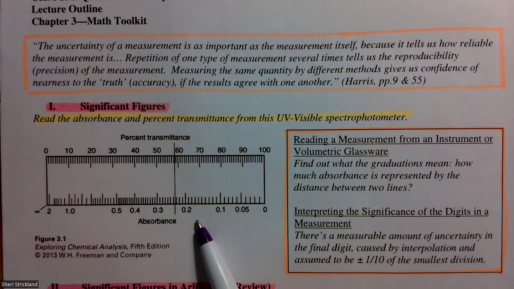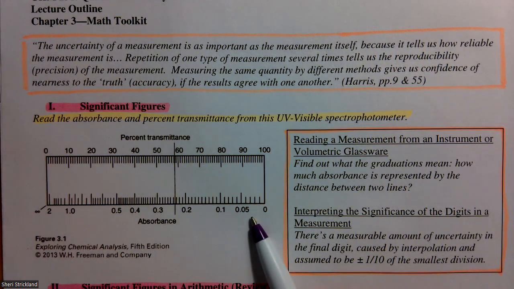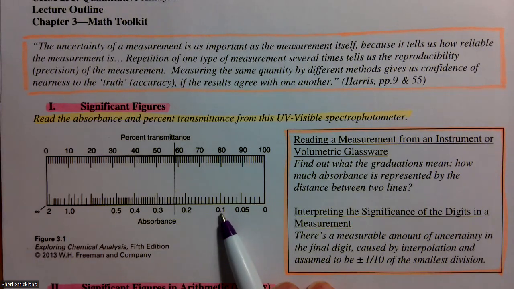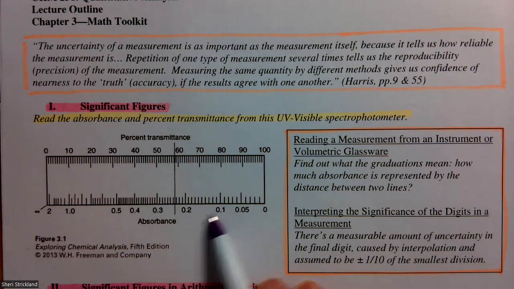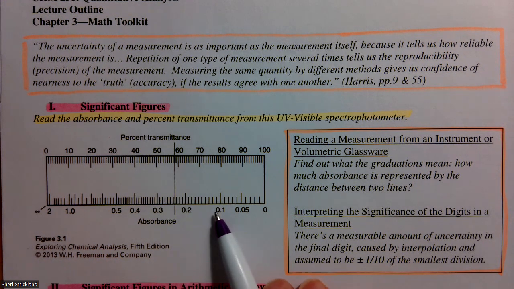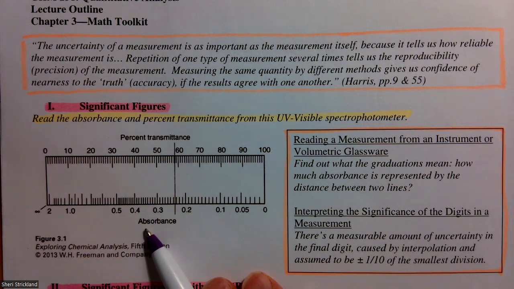Like, for example, down here with the absorbance portion, how much absorbance is represented by the distance between two lines? So if you see these major divisions like 0.1 to 0.2, very often there are 10 graduations between the major marks. And that's true here.